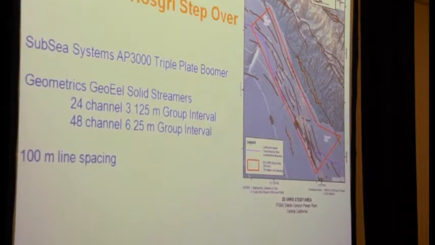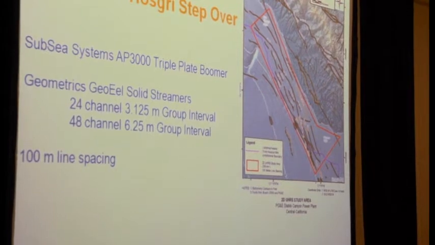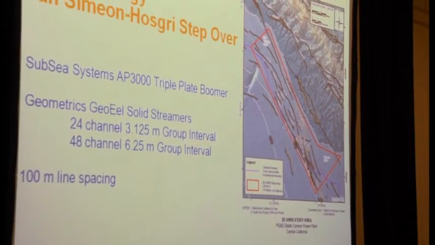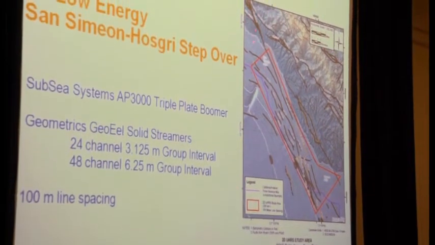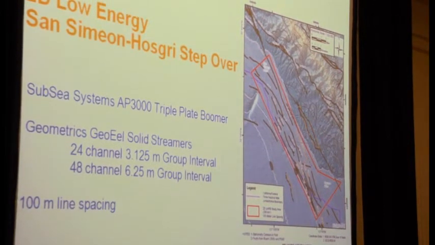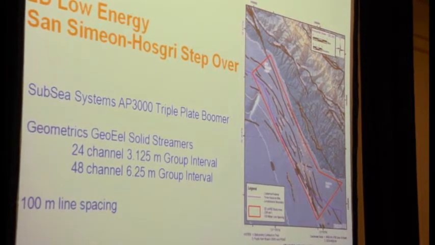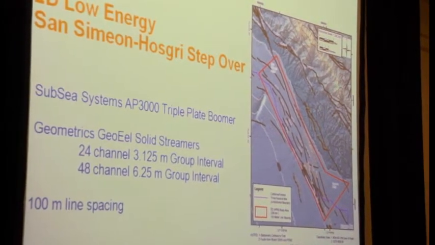Later in 2012, what we're going to do is go back to the stepover between the San Simeon Fault, which is up here near Point San Simeon, and the Hosgri Fault. So the area between Estero Bay and San Simeon, and get a better understanding of what the geometry of that stepover is.